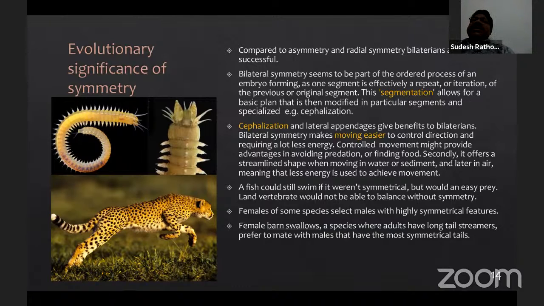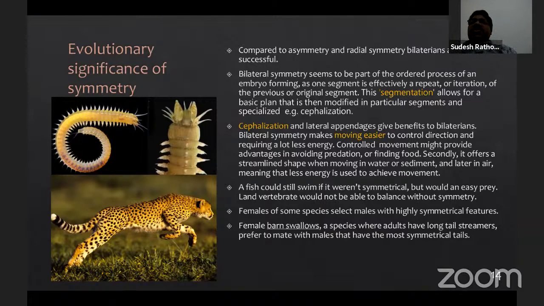Because of this, all sides develop. The animal has a chance to develop a particular organ towards the anterior side called the head, and this is helpful for movement. Segmentation and head development we are going to see later. So first of all, this is how symmetry is beneficial in bilateral symmetry organisms.